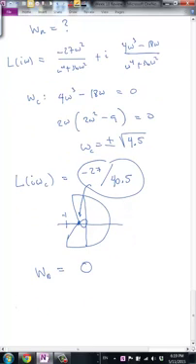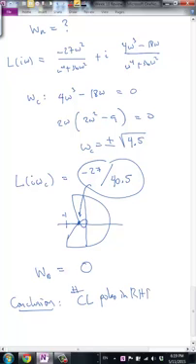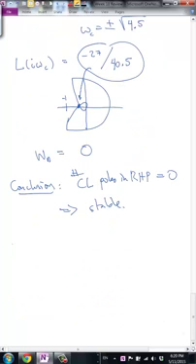And the conclusion is that the number of closed loop poles in the right half plane is equal to 0, hence we're stable. And as an exercise, check this using Routh-Hurwitz.